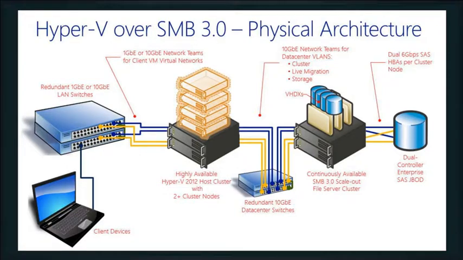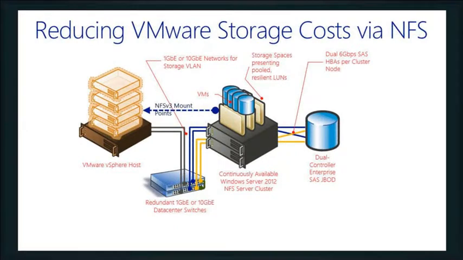Now, let's say you're a VMware admin and you simply want to reduce your VMware storage costs. Well, with Server 2012, build an NFS server cluster and put it in front of some JBOD. This looks exactly like the same picture we showed 2 or 3 slides ago with Windows Server Hyper-V. It's exactly the same. So you run VMware vSphere hosts, point them at NFS mounts on the Server 2012 cluster, and you have your JBOD sitting behind that, and everything runs that way.